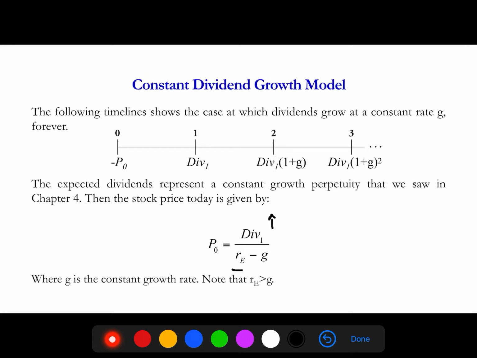But that statement assumes that there is no relation between the dividend at time 1 and the growth rate of dividend payments. However, there might actually be an inverse relation between the dividend at time 1 and the growth rate of dividends. In the next slides, we are going to learn more about that.